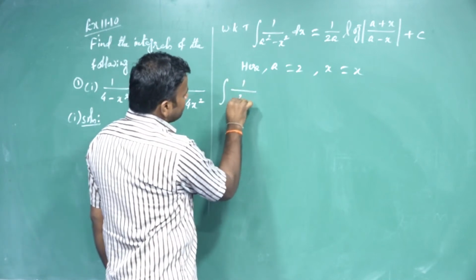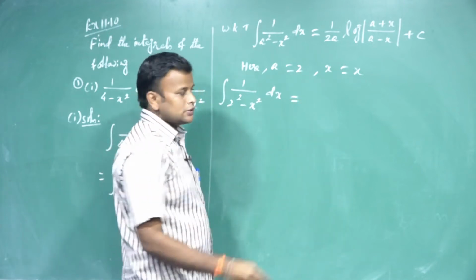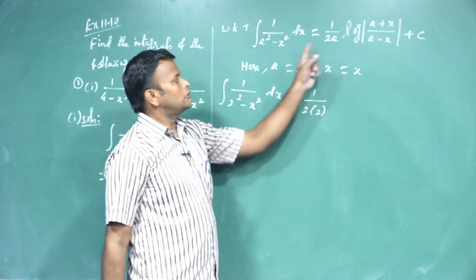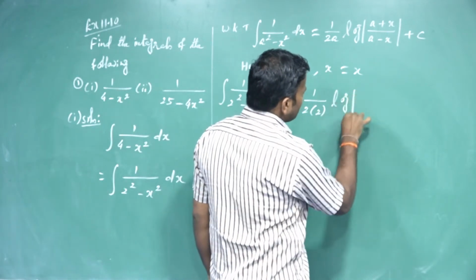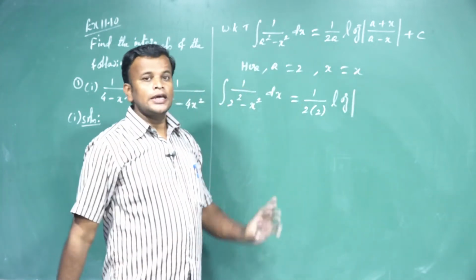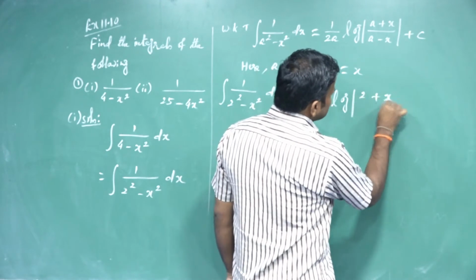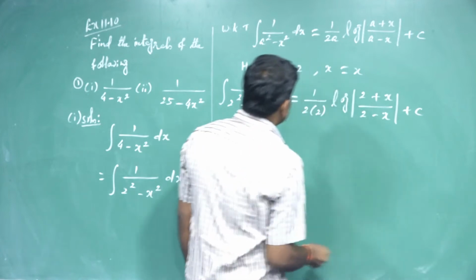1 by 2 square minus x square into dx is equal to 1 divided by 2 of 2, a value is also 2, log of modulus a plus x, the value of a is 2, so 2 plus x divided by 2 minus x plus c.